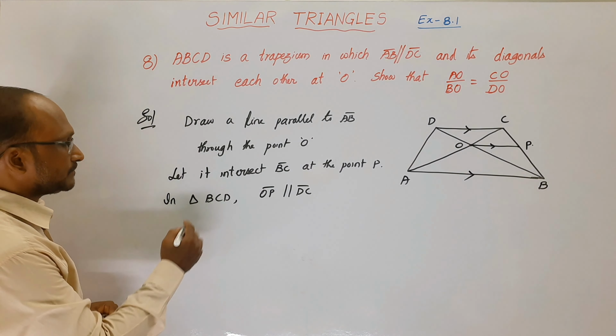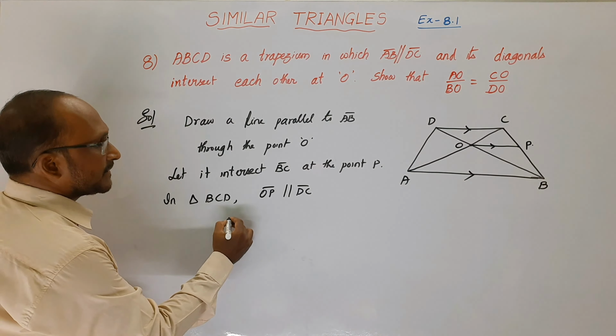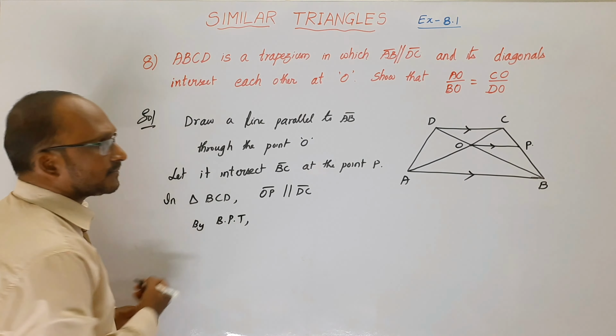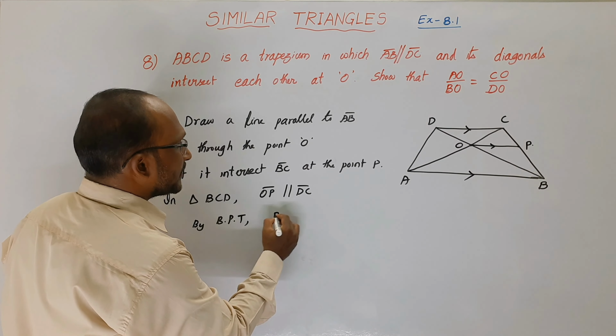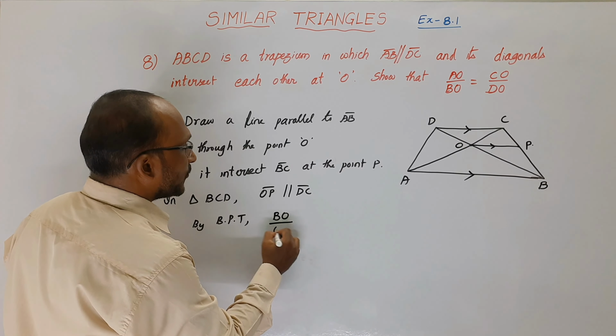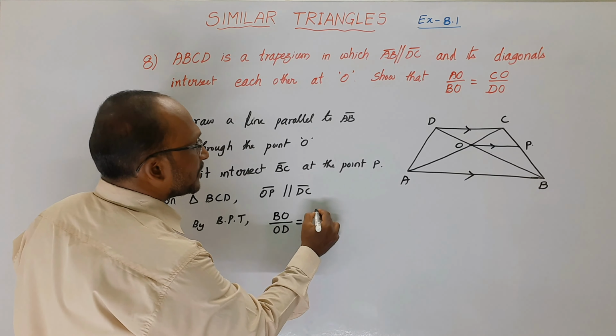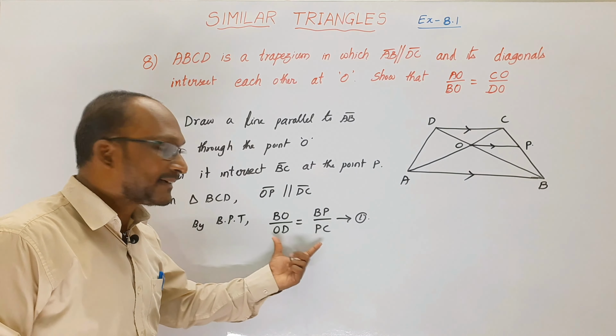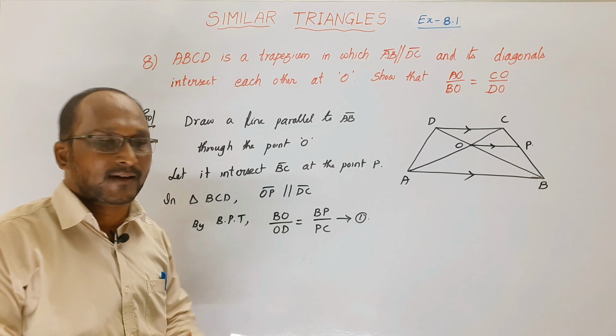So BO by OD is equal to BP by PC. Let us take this result as first one.